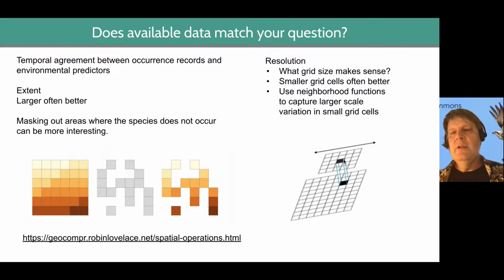Well, what you can do is keep your cell sizes small, but use something called a neighborhood function to capture that larger scale activity. So for example, if the cell that we're going to calculate a value for is this black cell, we're going to calculate the value of that black cell from cells surrounding it.